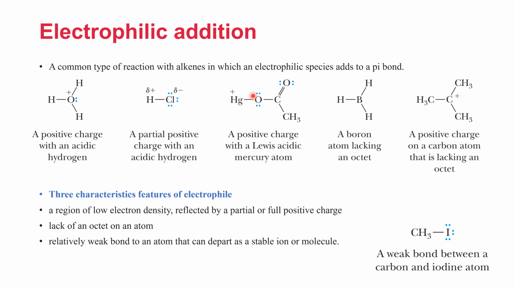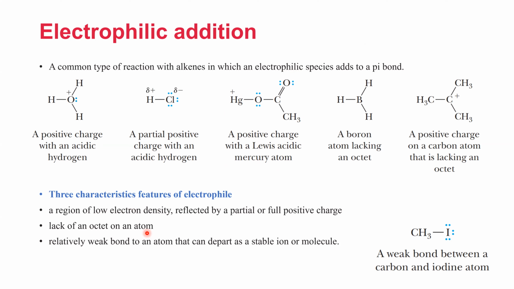So oxygen being highly electronegative can pull that electron density towards itself. So as we have stated, that could be the low electron density, so it is reflecting with the full or the partial positive charge.